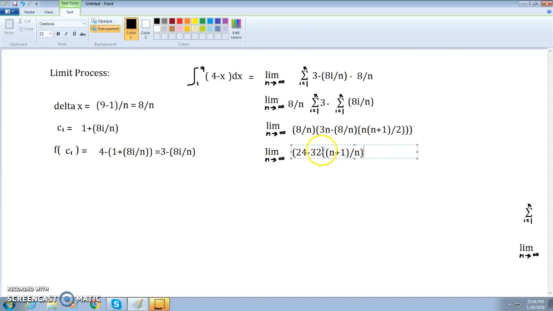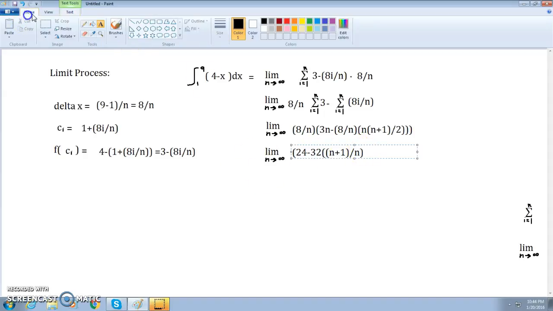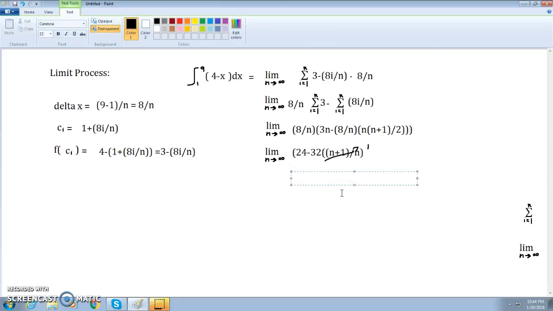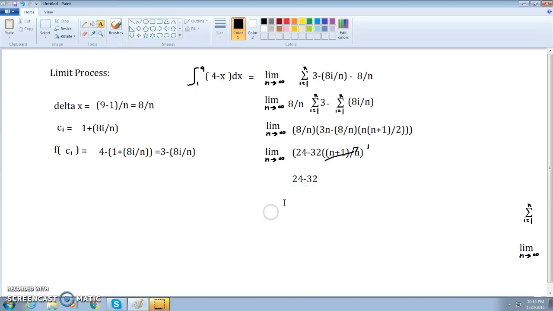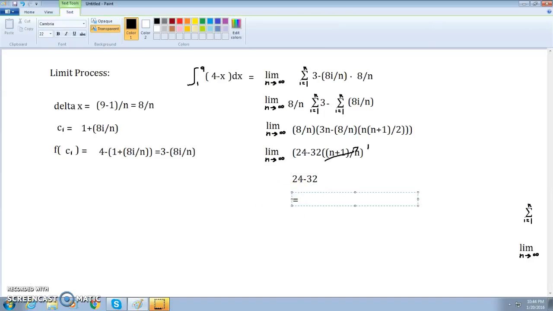Once we plug in infinity to that, we see that this actually just goes to 1. And from there, you'll see that it is just 24 minus 32, which is equal to negative 8.